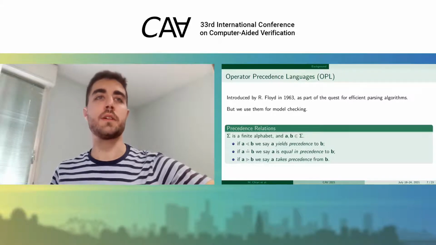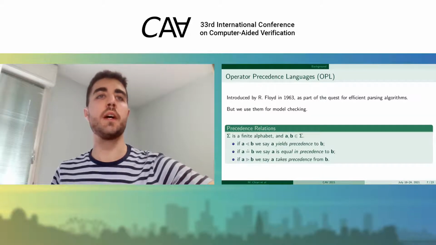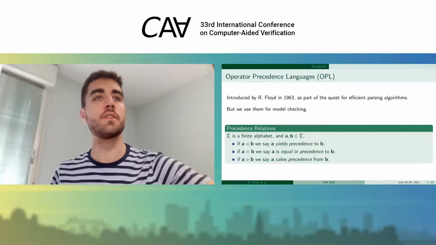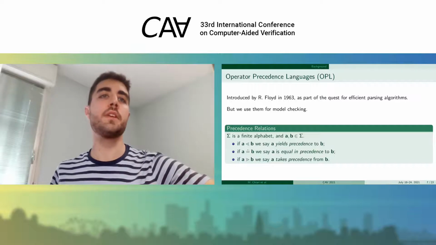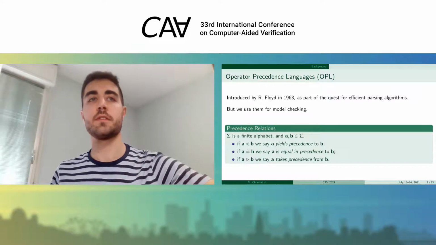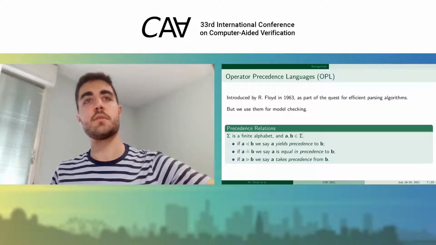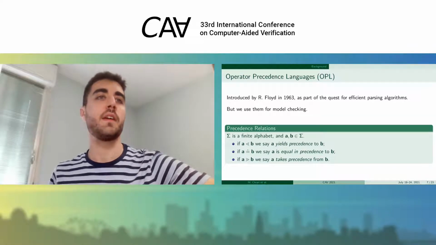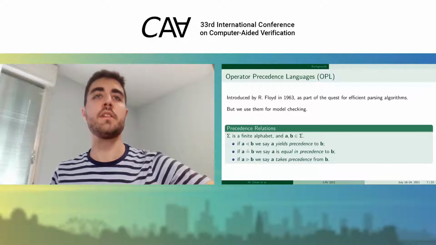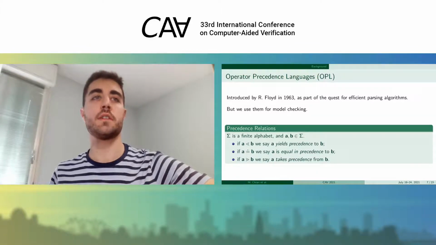In OPLs, the context-free structure of a word is embedded in its terminal symbols by means of three precedence relations, which were inspired by precedence between arithmetic operators. For example, times takes precedence over plus, and so on. So we fix an alphabet and the relation between all pairs of terminal symbols.